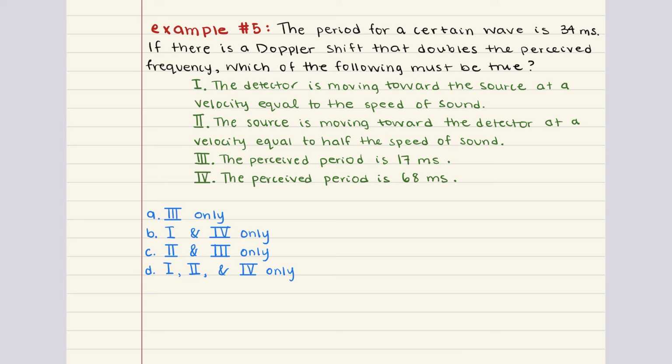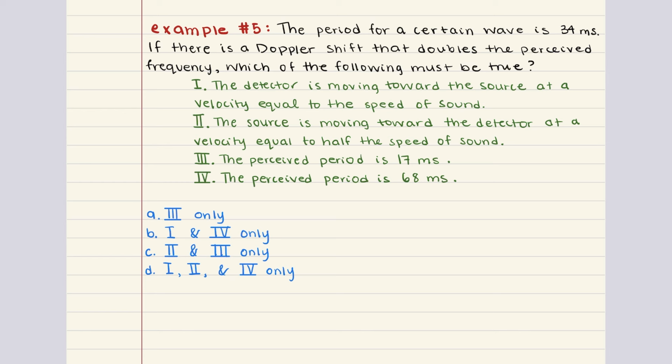Problem 5 says, the period for a certain wave is 34 milliseconds. If there is a Doppler shift that doubles the perceived frequency, which of the following must be true? Let's start with statement 1. Statement 1 says the detector is moving towards the source at a velocity equal to the speed of sound.